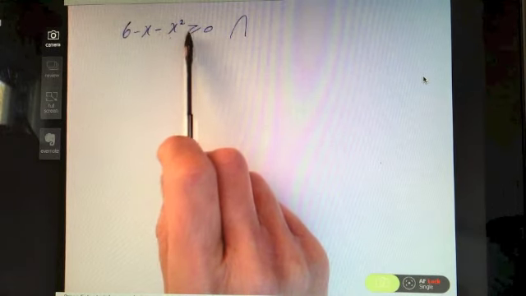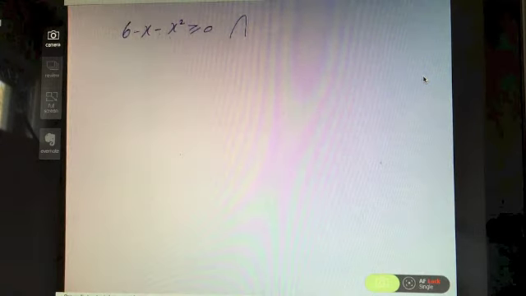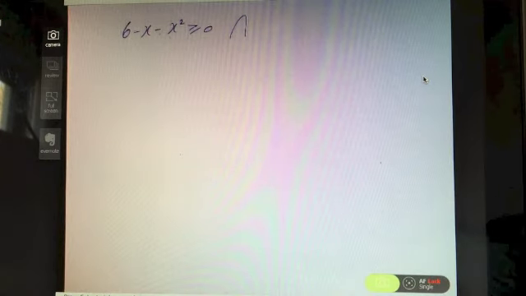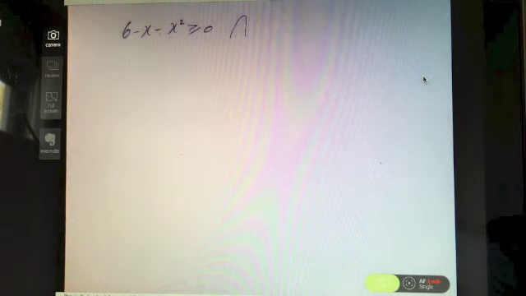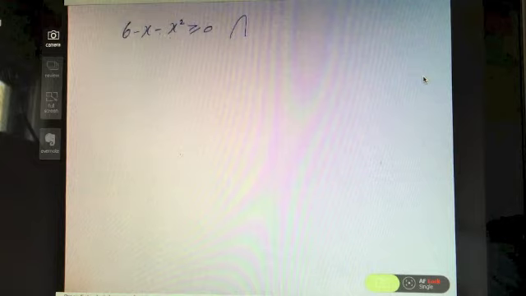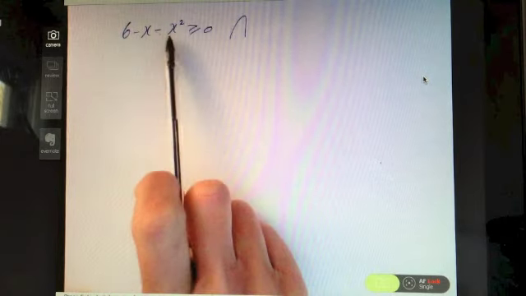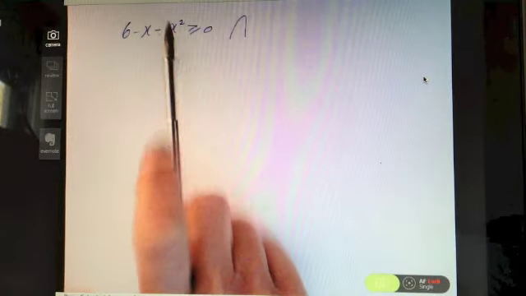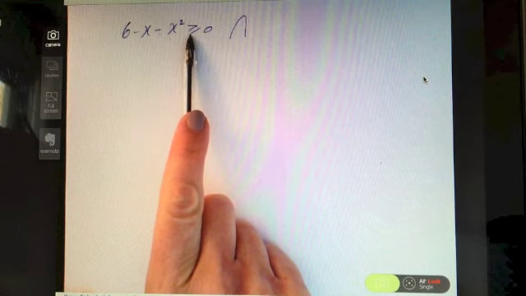So if you remember from just your junior cert solving inequalities, the one big thing that you have to remember is you can solve it like an equation, but if you are multiplying or dividing by a negative, that will cause the inequality sign to flip, okay?